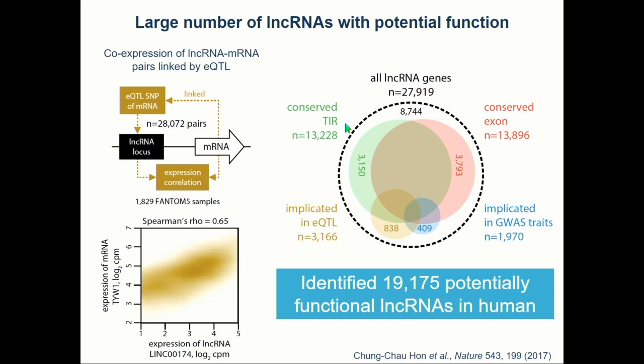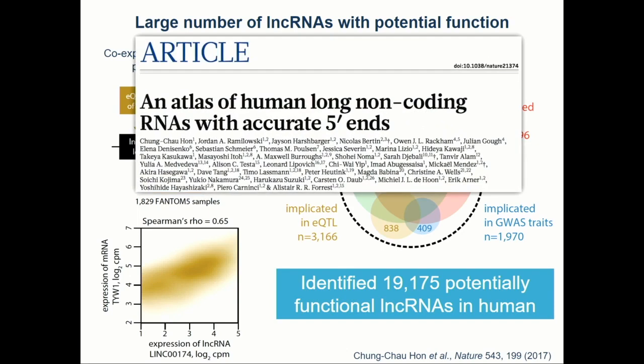Conservation is a tricky thing, but sometimes we have conservation at the initiation region, so only the promoter is conserved. Sometimes both promoter and exon are conserved. Sometimes only exons are conserved. So based on all the conservation or correlation with the GWAS or eQTL, we believe that out of 28,000, perhaps 19,000 of them may have some sort of function. And of course, again, this is only a fair estimate, then we need to really do experiments at a certain point.